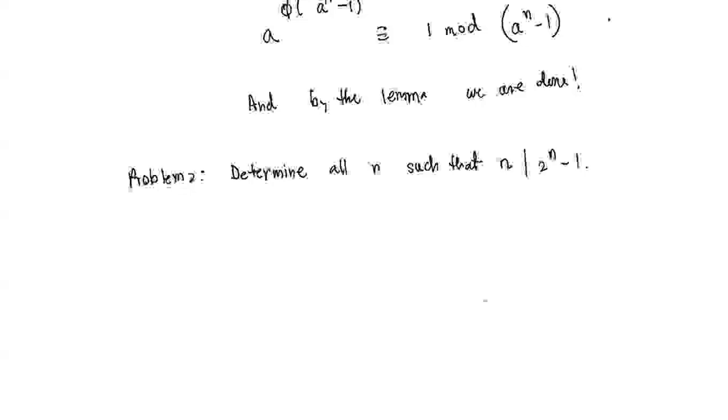I think we can use the expansion of. Can I say something about the problem? Yes, you can. As your idea said, we can assume that P is the smallest prime that divides N. So P divides N, so 2 to the power N minus 1 is 0 mod P. So 2 to the power N should be 1 mod P. So the order should divide N. And by Fermat's little theorem, it should divide P minus 1.